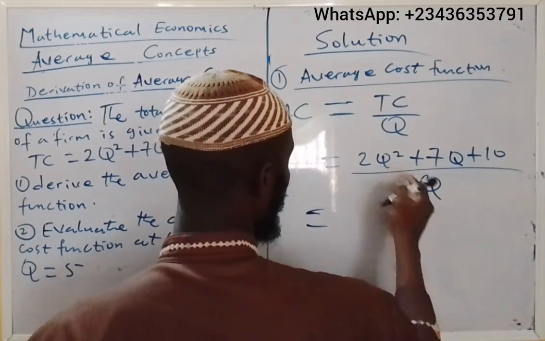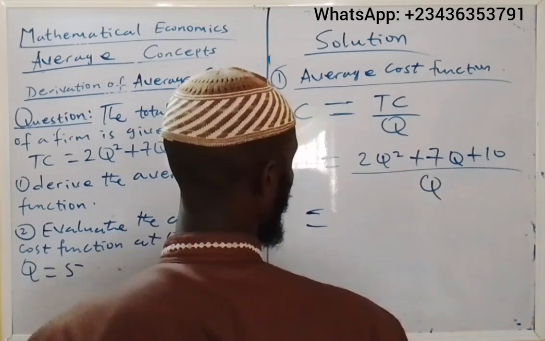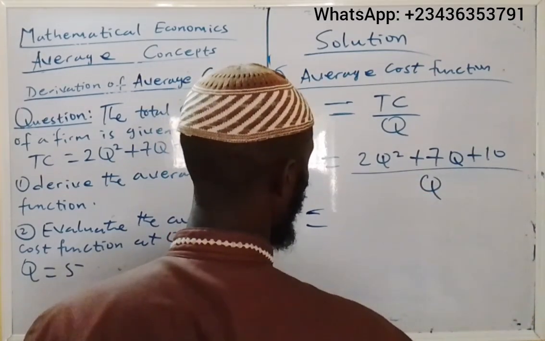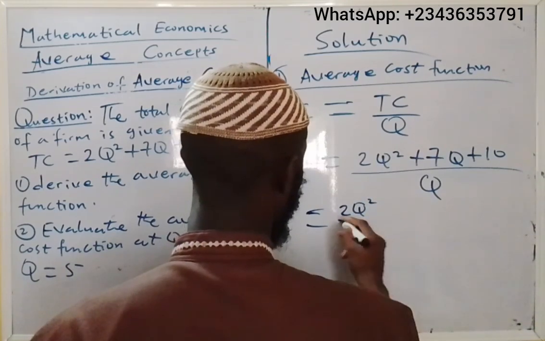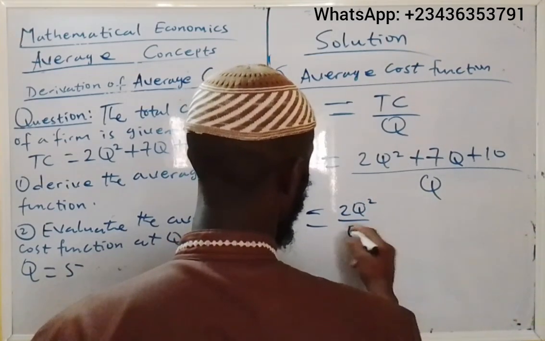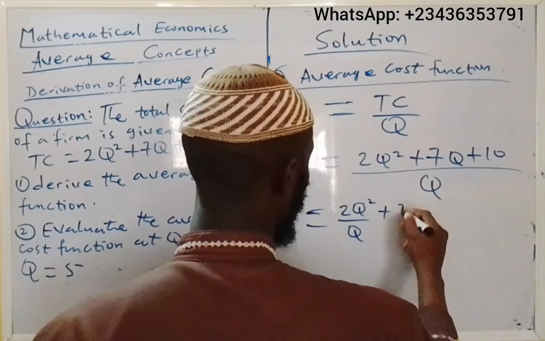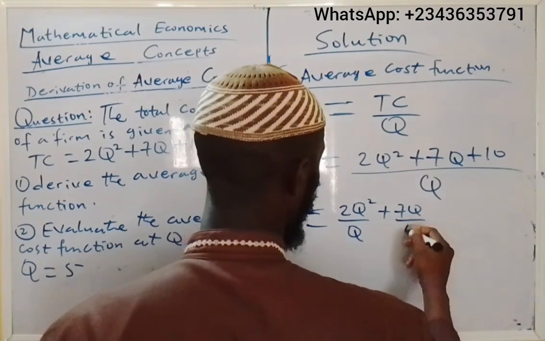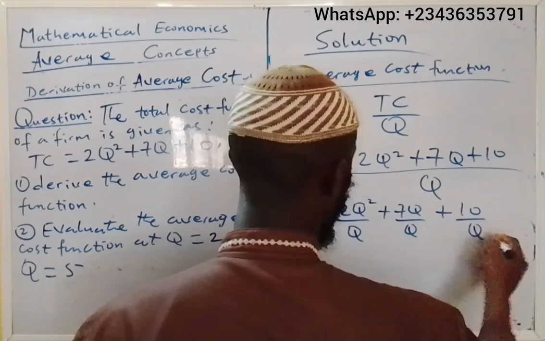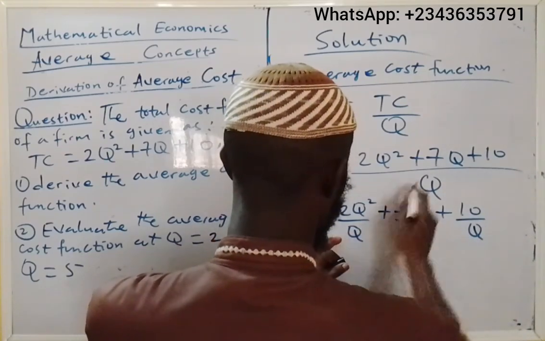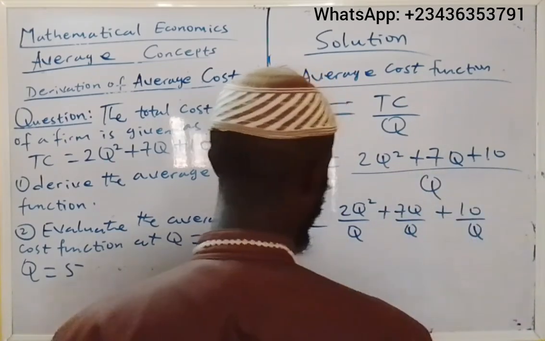We can divide each of the components by this Q. So then we have 2Q squared divided by Q plus 7Q divided by Q, then plus 10 divided by Q.